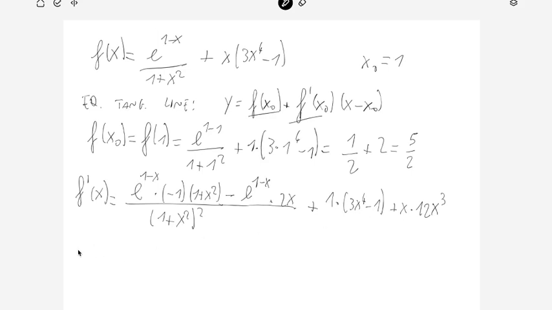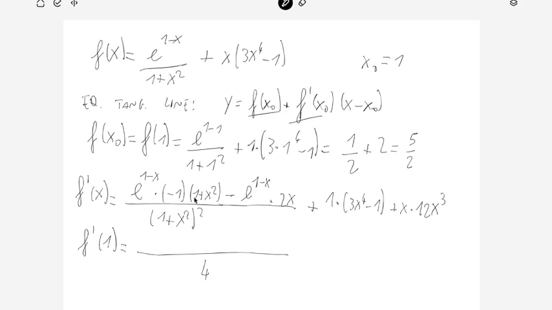Now we have to compute this derivative at x equal to 1. We just have to substitute 1 here, and we obtain 1 plus 1, it is 2, 2 squared is 4. Then we obtain e to 1 minus 1, it is e to the 0, it is 1. 1 times minus 1 is minus 1.